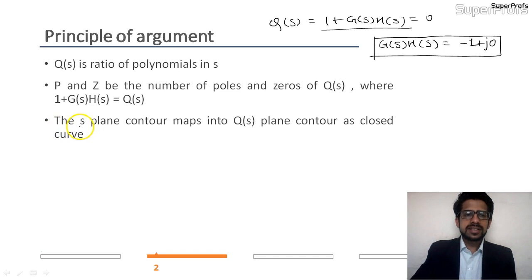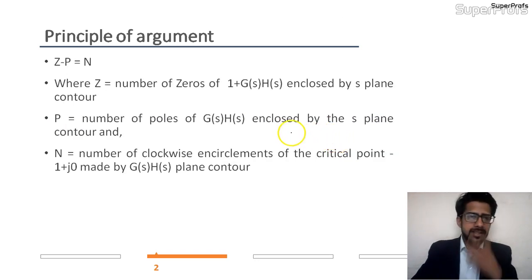As we already discussed, the S-plane contour maps into the Q of S plane contour as a closed curve. Let us see some of the conclusions from the principle of argument.